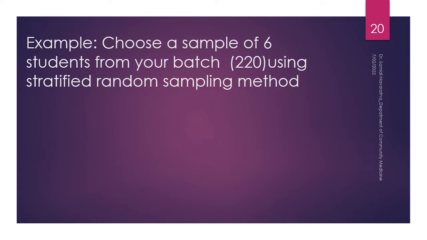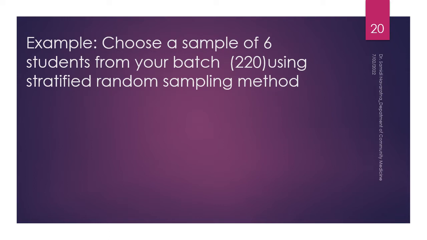So the same example, but the number of students has increased to 6 because we are going to use 2 strata. Choose a sample of 6 students from your batch using the stratified random sampling method. So how will we stratify your batch?